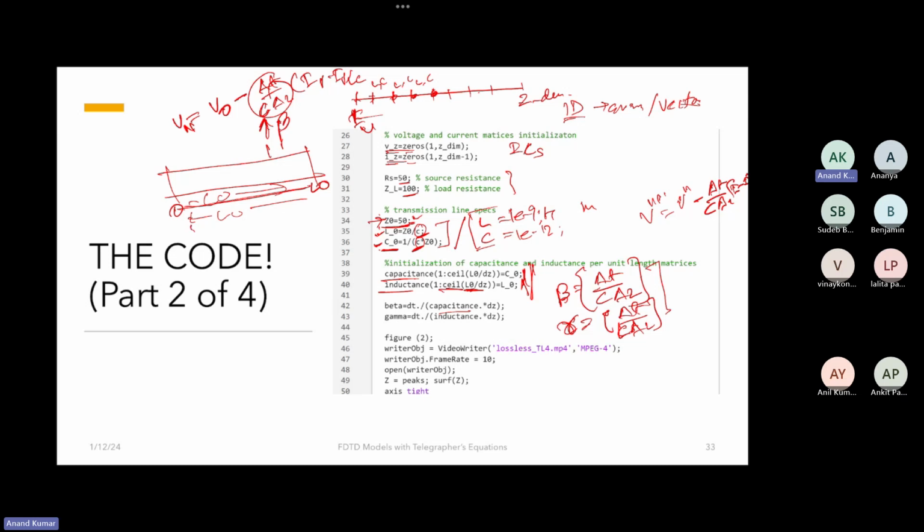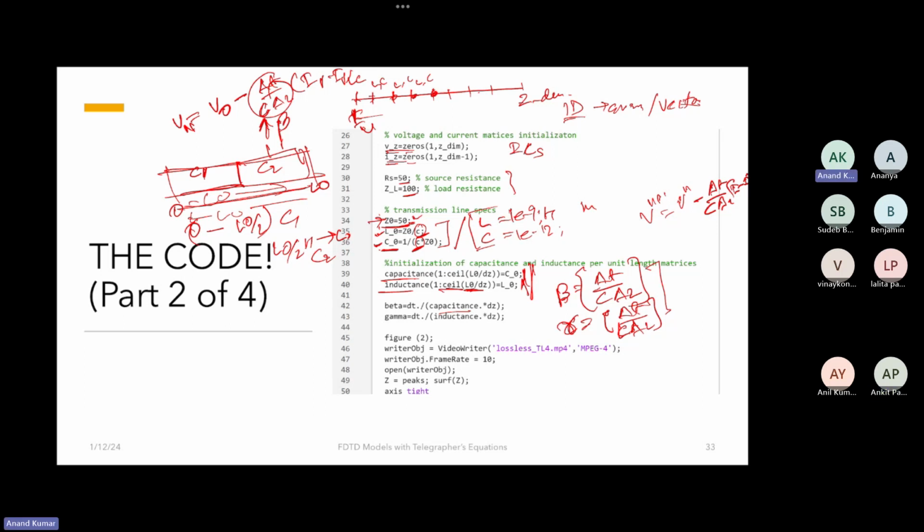Keep this as 0 to, for example, L naught by 2 distance as C1, and then keep L naught by 2 plus 1 node to the L naught final length as C2. Then you have a transmission line which has C1 as the first part and C2 as the next part. This way you can model a cascaded transmission line in this particular code itself. Okay, thank you.